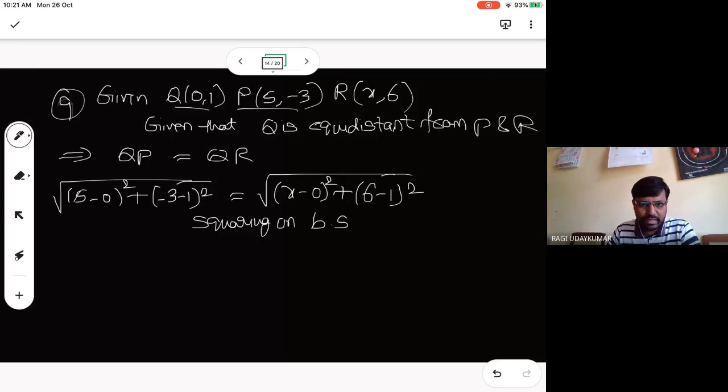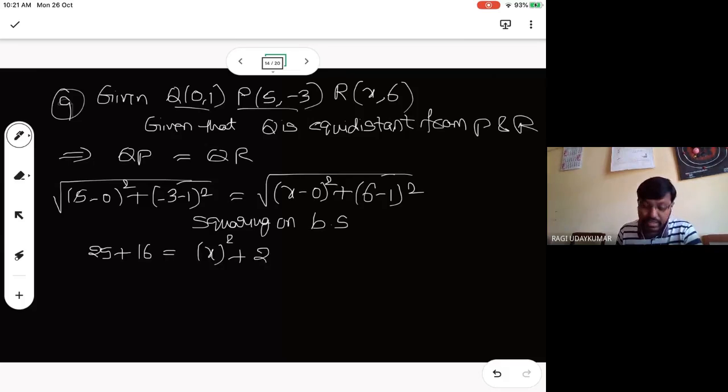We get 5 square, which is 25, plus (minus 3 minus 1), which is minus 4, squared is 16, equals x square plus (6 minus 1) which is 5, 5 square is 25. So we get x square equals 16.